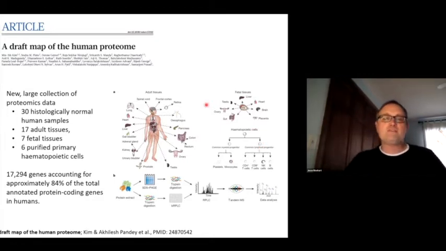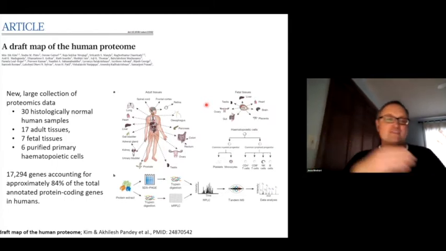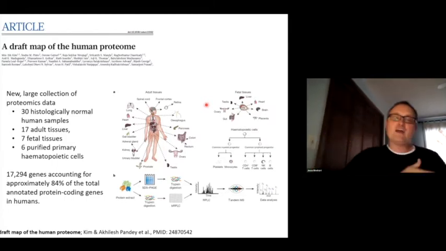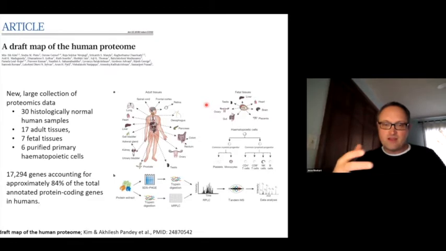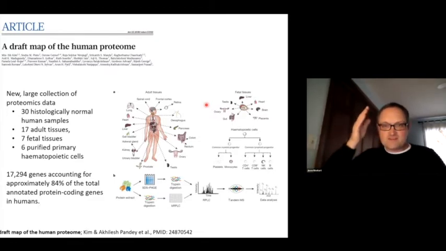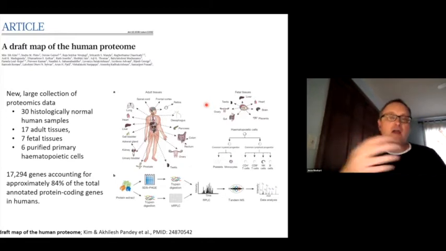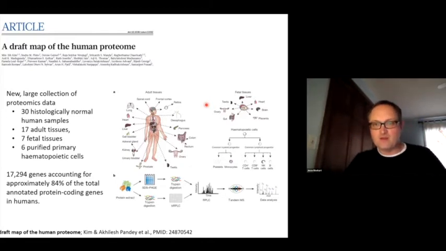But the take home is that the proteome as we know it, if we have a database that says this is the human proteome, it's a collection from many other tissues, because every cell and every tissue has a different repertoire of protein expression. So if you just focused on, let's say, one cell type, you wouldn't necessarily get the same comprehensive map of the human proteome, because protein expression is dictated differently.